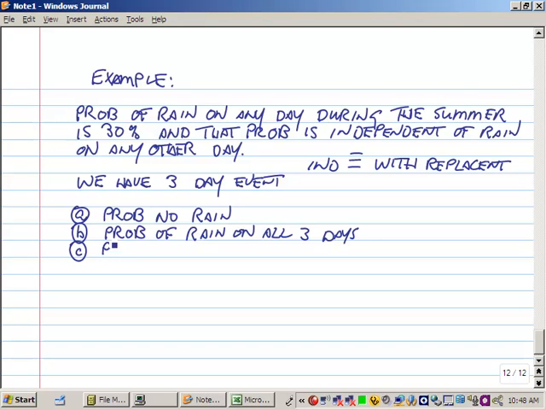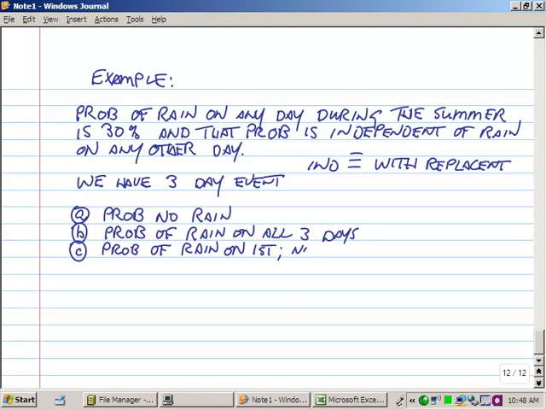Probability of rain on the first day, no rain on the second, and no rain on the third.